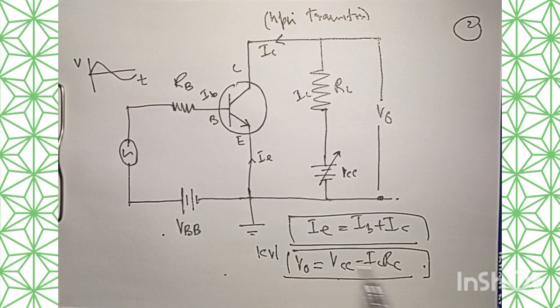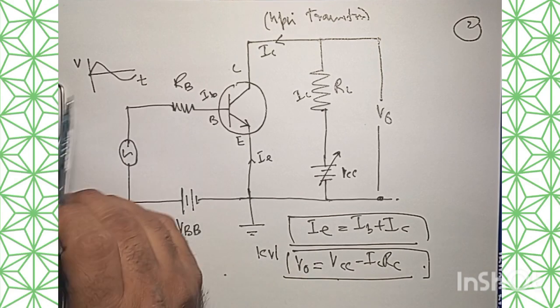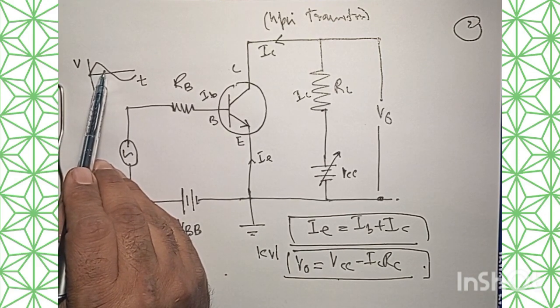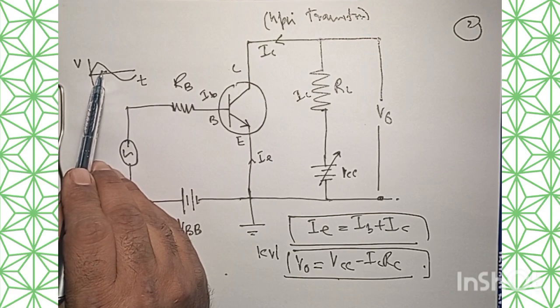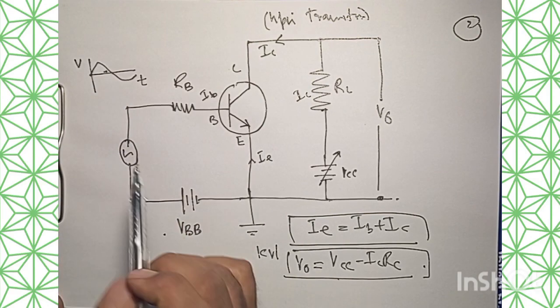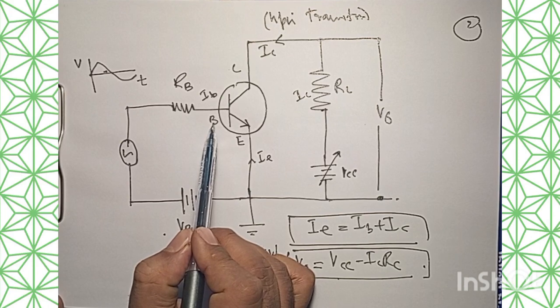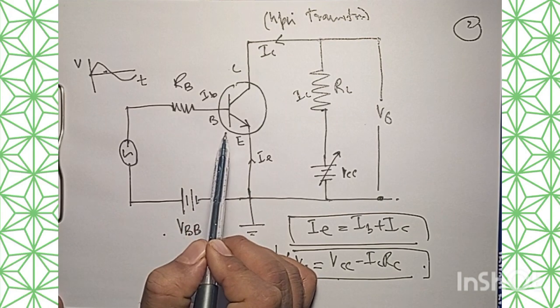So these are the two realities of this circuit. Now let's try to understand how this transistor amplifies the signal input to its base, and at the same time how it inverts the signal. During the positive half cycle of the input signal, the forward biasing of the emitter base junction increases.